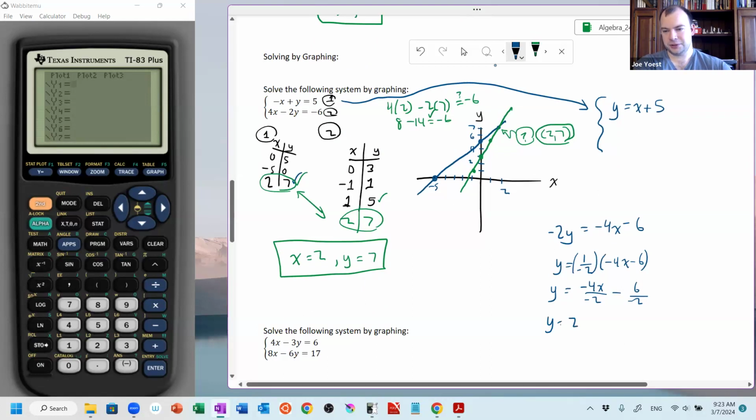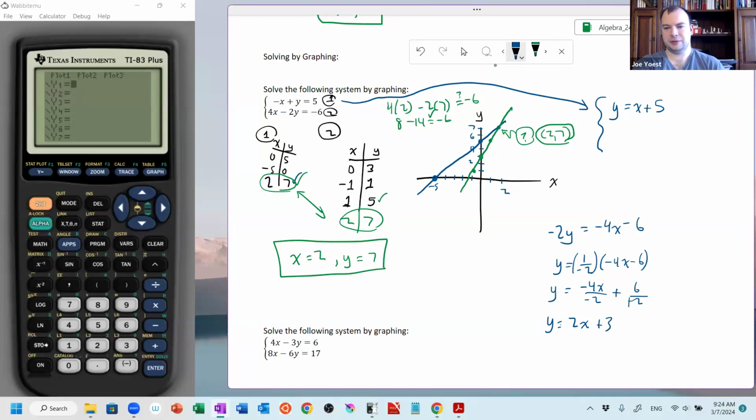-4 over -2 is 2. A negative over a negative is a positive, and 6 over 2 is 3. So the second equation took a little more work, but we get y equals 2x plus 3.